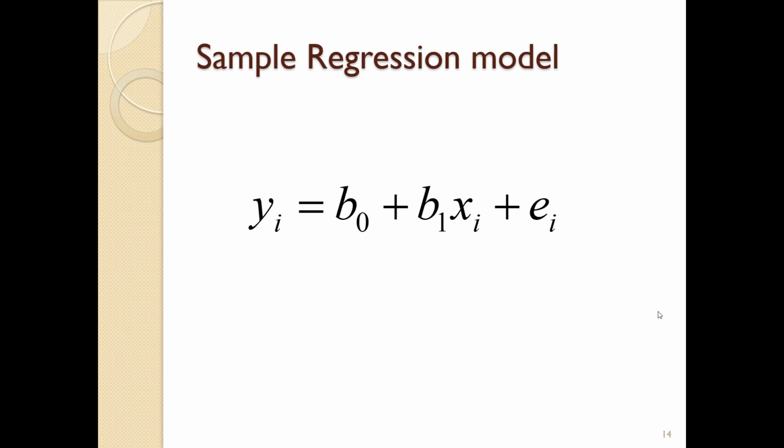And then there's an error, because for a particular individual estimate the relationship may hold, but there will be idiosyncratic factors related to that individual that may make that individual observation slightly different than the average or typical observation. We'll see some graphs, and that'll be a little less abstract, but that's a very important point.